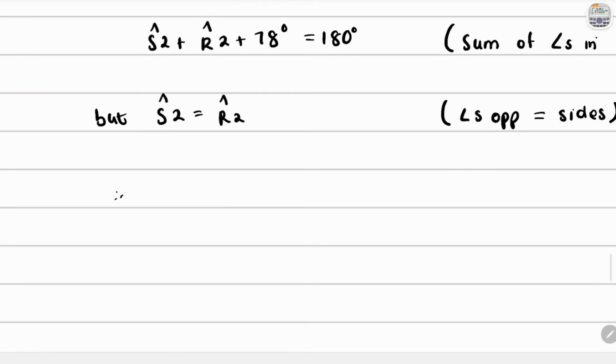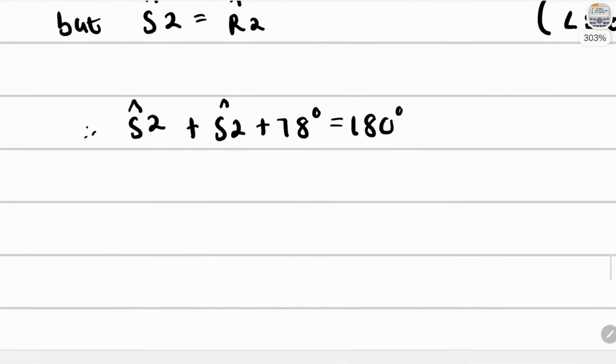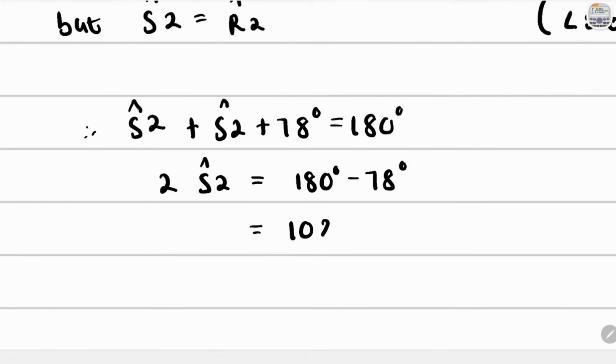So our equation is actually angle S2, and then in place of angle R2, since angle S2 and R2 are equal, we can just replace it with angle S2, plus 78 degrees is equal to 180 degrees. And so this is 2 angle S2 is equal to 180 degrees minus 78 degrees, which is 102 degrees.